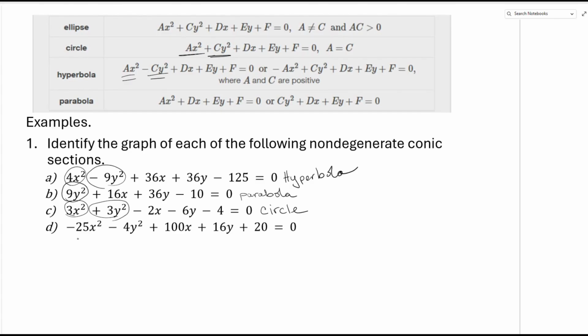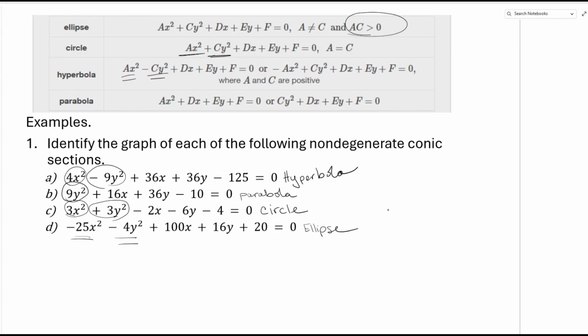And lastly, we have an x squared term and a y squared term, and their coefficients are of the same sign, which means it's going to be an ellipse. Now, if you had moved everything to the other side of the equal sign, they would both be positive. So they're either both positive or they're both negative to make the ellipse.